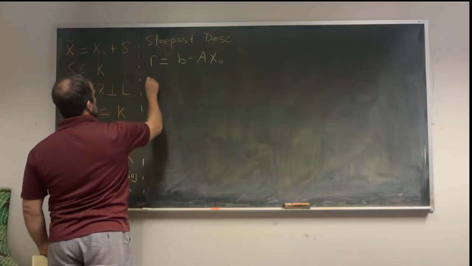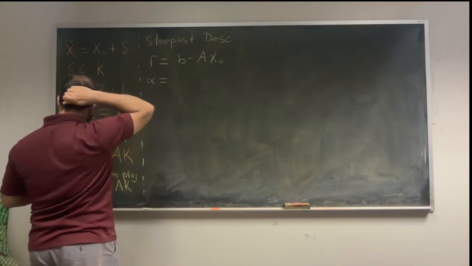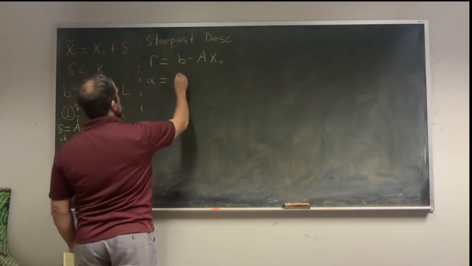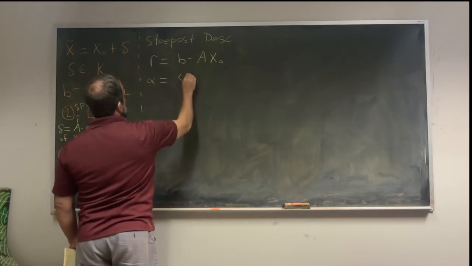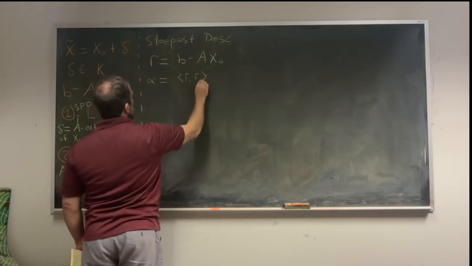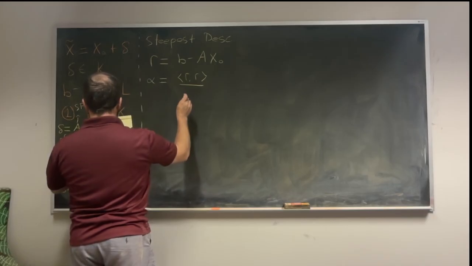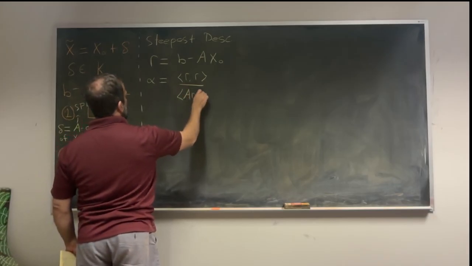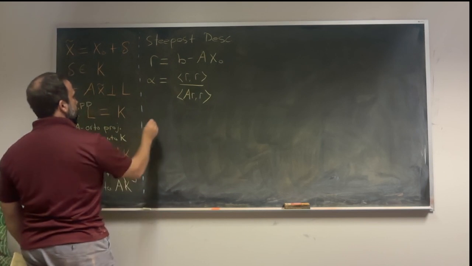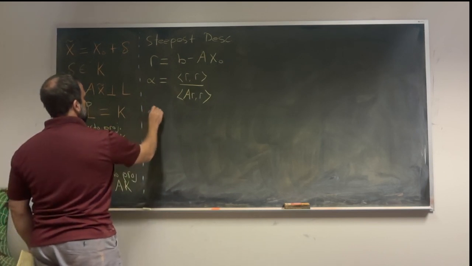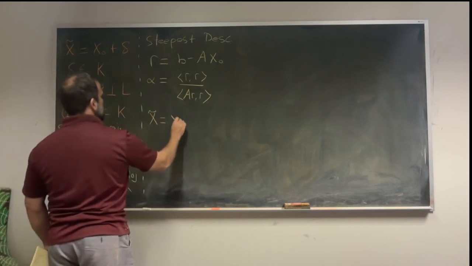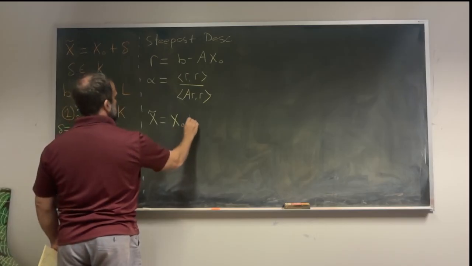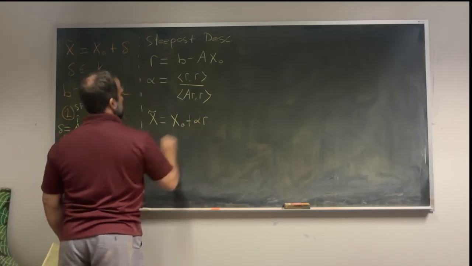Alpha is going to be equal to the standard inner product of R with R divided by the inner product of A R with R, and then X tilde is going to be equal to X naught plus alpha times R.